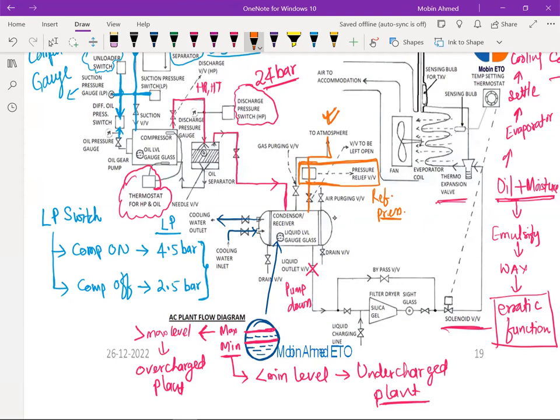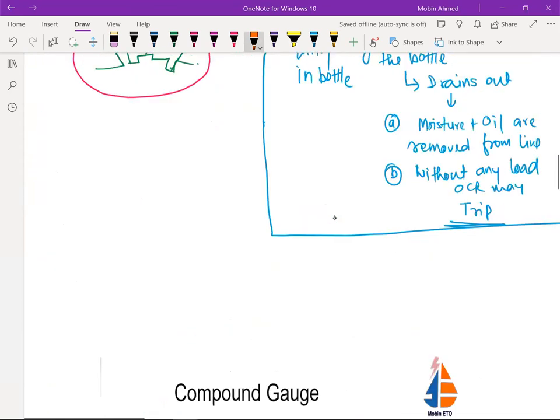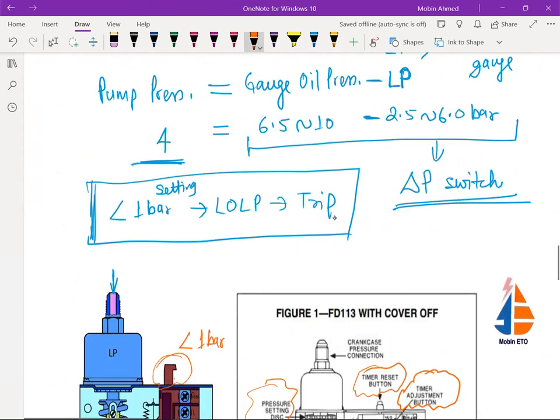Sometimes we see that our discharge pressure is high. Let me write down one troubleshooting here because it is important.